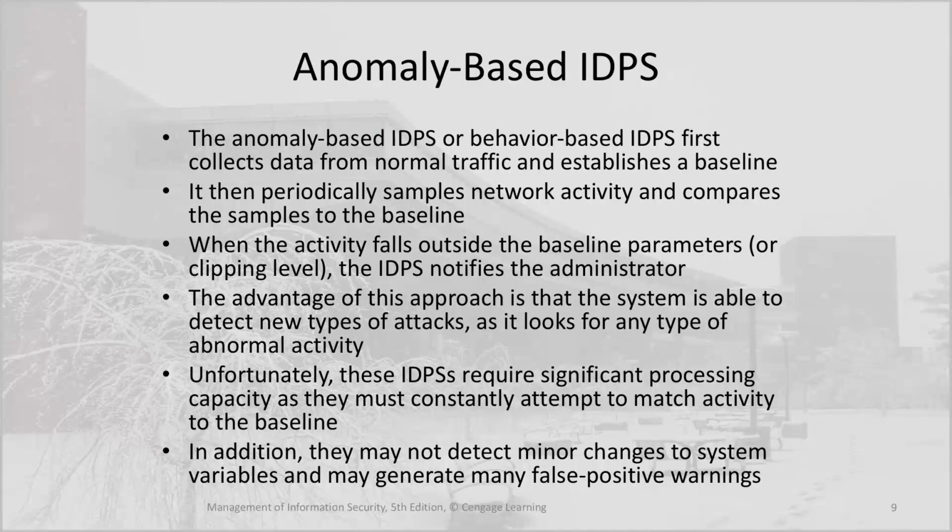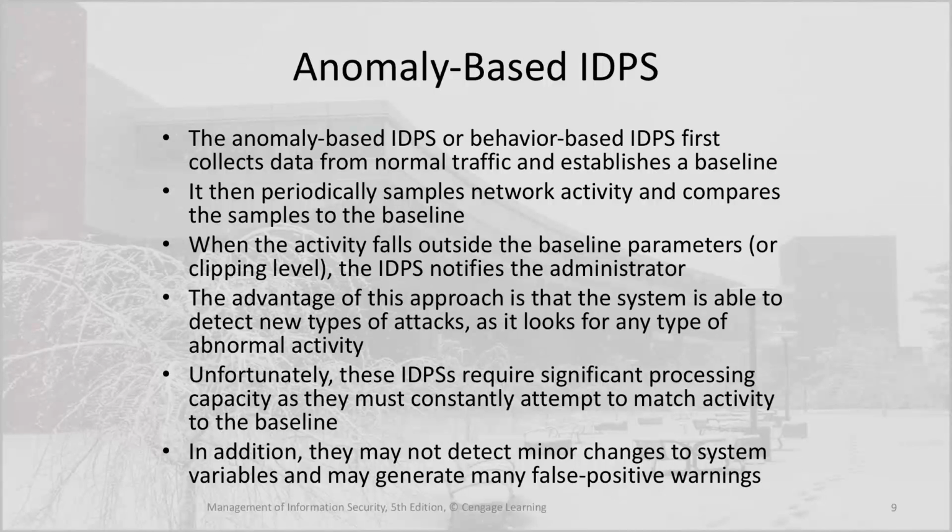The anomaly-based IDPS, or behavior-based IDPS, first collects data from normal traffic and establishes a baseline. It then periodically samples network activity and compares the samples to the baseline. When the activity falls outside the baseline parameters, also known as the clipping level, the IDPS notifies the administrator.